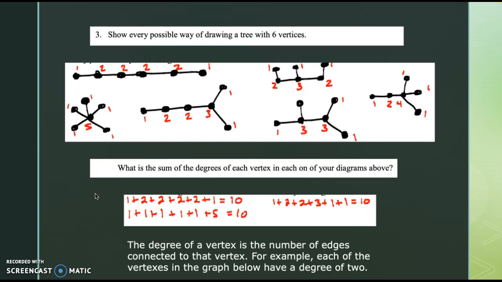Show every possible way of drawing a tree with 6 vertices. So I kind of started this one the same way as I did the other one. I started with a straight line and then stopped here and then drew these last 2 vertices out to the side. All right, and then remember we also had this one.